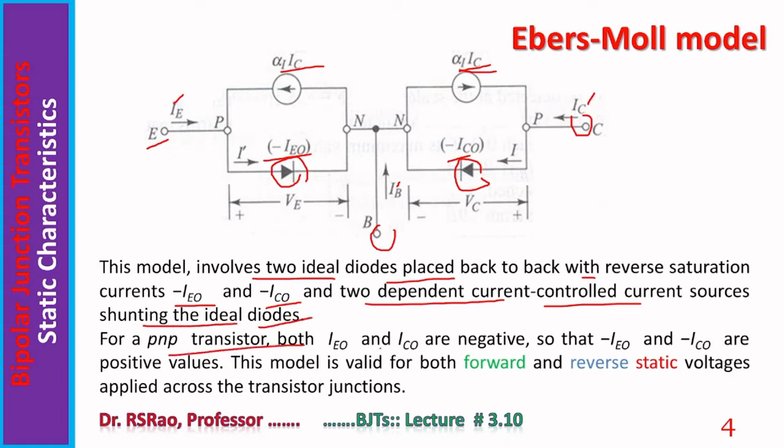For PNP transistor, both IEO and ICO are negative, so that minus IEO, minus IC naught are positive values. This model is valid for both forward and reverse static voltages applied across transistor junctions. It means the last point implies that this model is valid for all the three regions of operation.